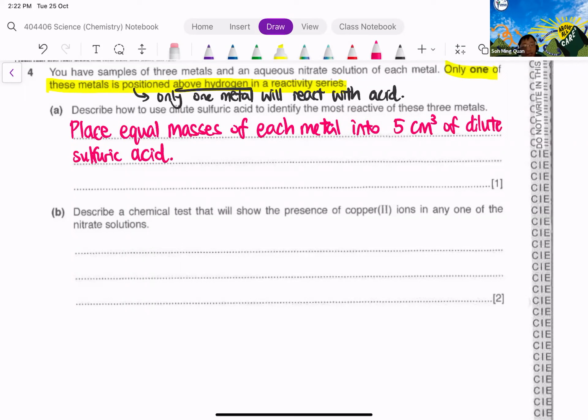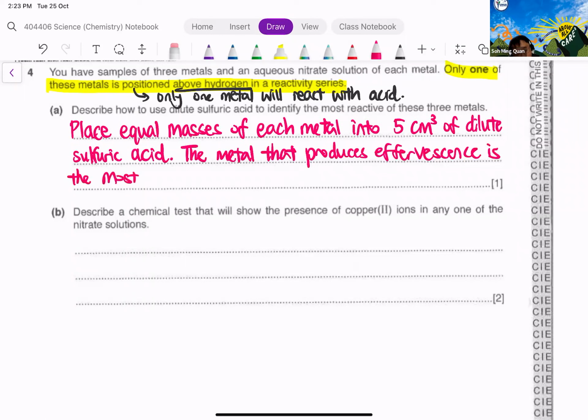Then once that is the case, the metal that produces effervescence is the most reactive metal. Okay, you just need to observe which one will give you effervescence. Effervescence means it reacts with the acid to produce hydrogen gas. Okay, so that's part 1.